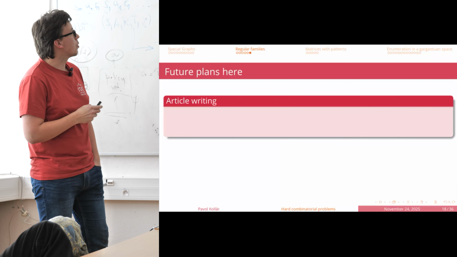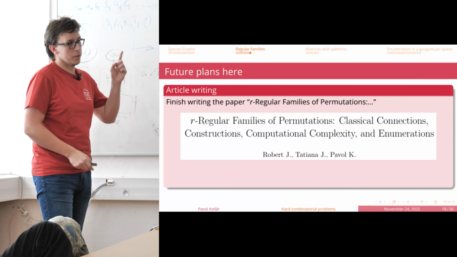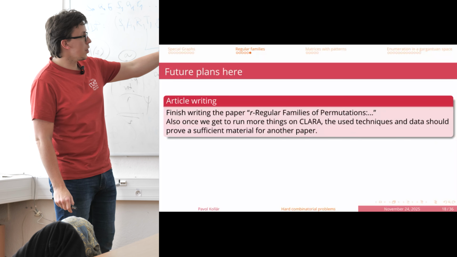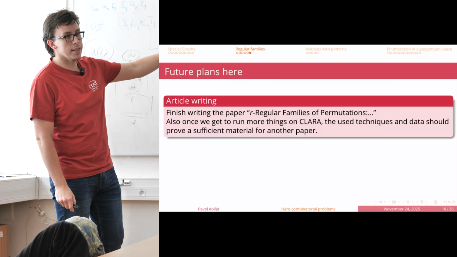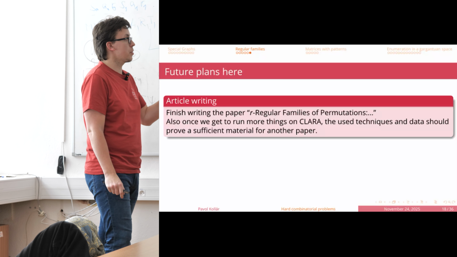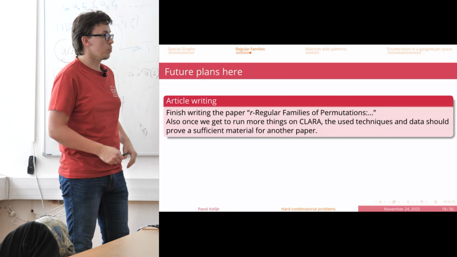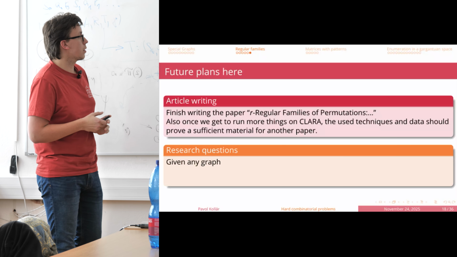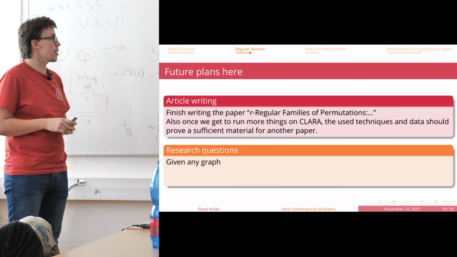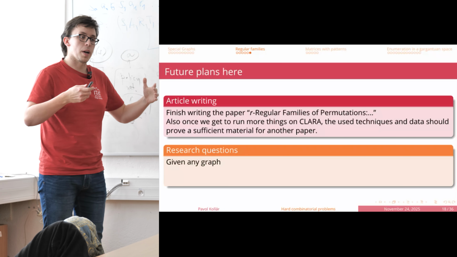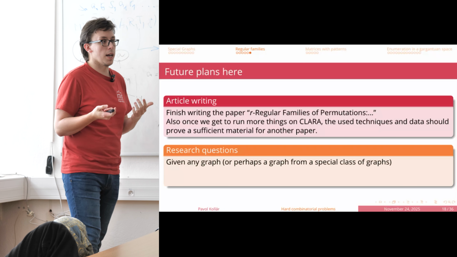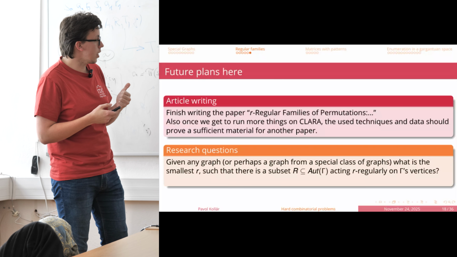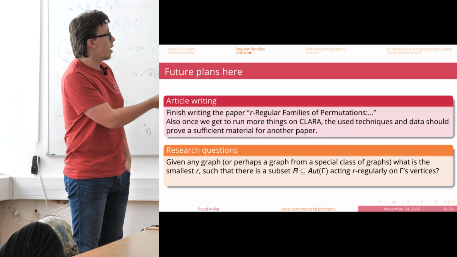All right. So the future directions is, well, first of all, finish that article. Second of all, get more computations on Clara. And with all the used techniques and the data obtained, I hope to produce one more paper from that, a very computation focused. And finally, for further research questions, we could ask, given any graph, or perhaps a graph that is of a particular class, what is the smallest R such that there is an R regular subset?